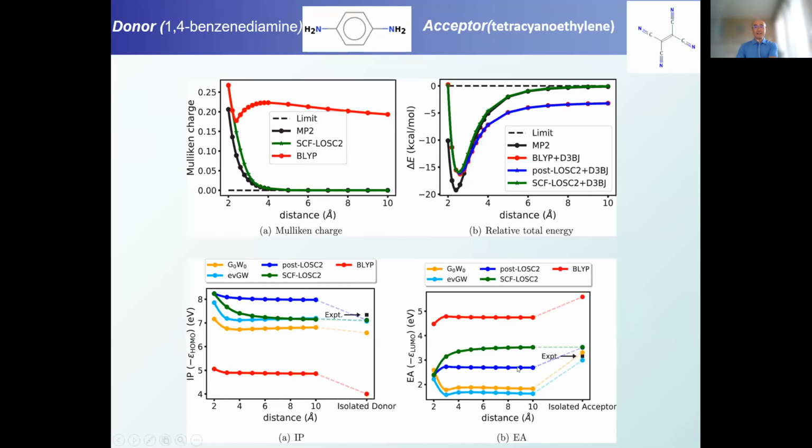But on the acceptor side, the electron affinity, the story changed. This is the experimental answer, and EV-GW failed quite significantly because it cannot line up correctly. Even at 10 angstrom, this blue one is not approaching the dissociation limit, while the true answer should.